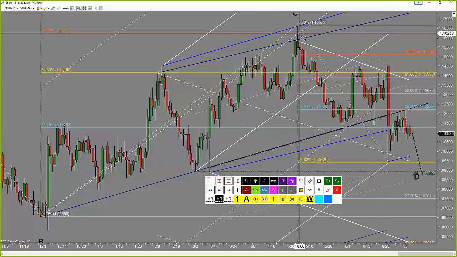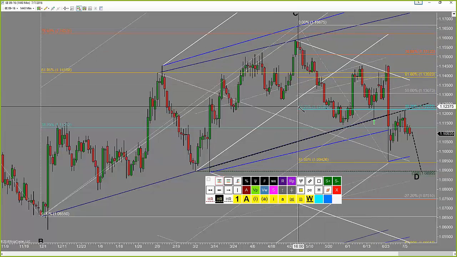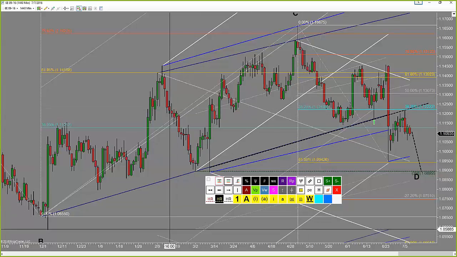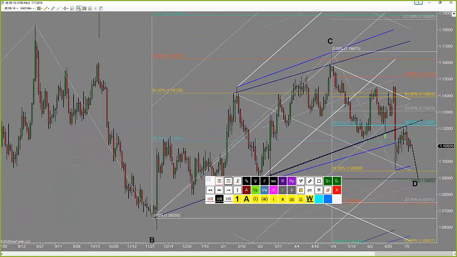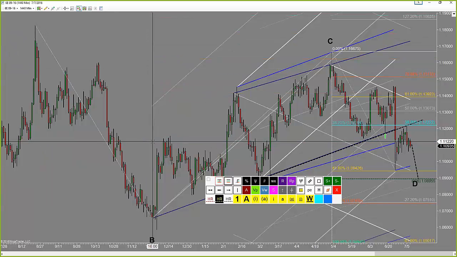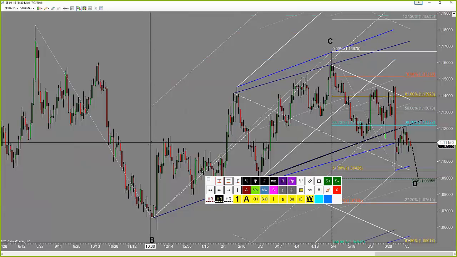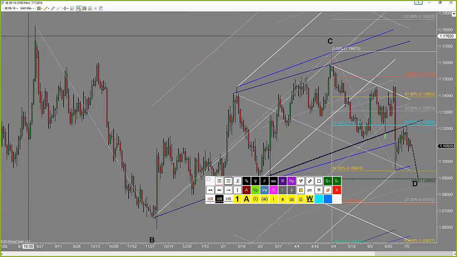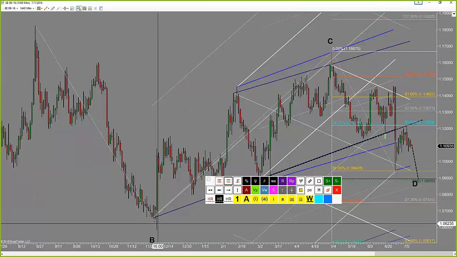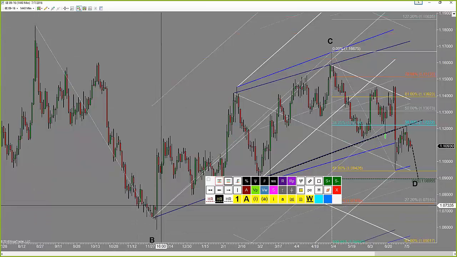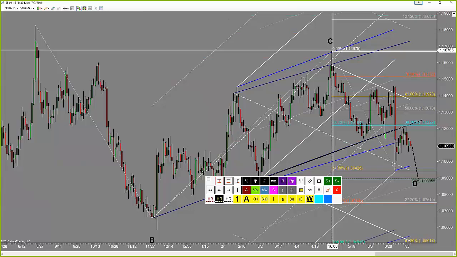We have the extension, which is this 38.2, and that's from the prior downswing that we had here. All right, let me delete this one. So that's connecting from the high up here to the lowest closing price, back to the swing high.